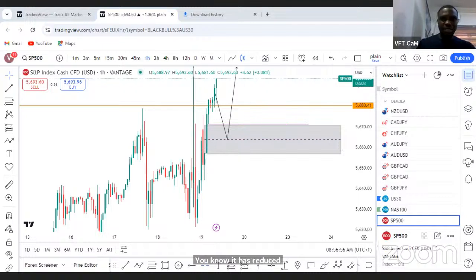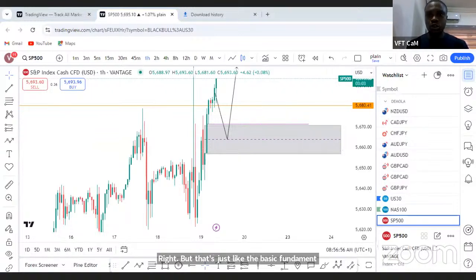But that's just the basic fundamental, layman understanding of this reduction. When you factor in things like the labor market and unemployment rates, how it's moving and the rest, it will adjust everything together. If it was that easy, everybody would just go short on the dollar, which is really not possible, right? So that's what I really think.